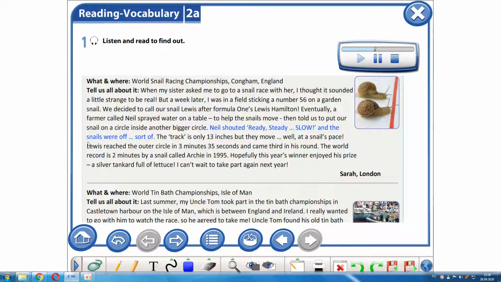Sort of. The track is only 13 inches, but they move, well, at a snail's pace. Lewis reached the outer circle in 3 minutes, 35 seconds, and came third in his round. The world record is 2 minutes by a snail called Archie in 1995. Hopefully, this year's winner enjoyed his prize, a silver tankard full of lettuce. I can't wait to take part again next year. Sarah, London.